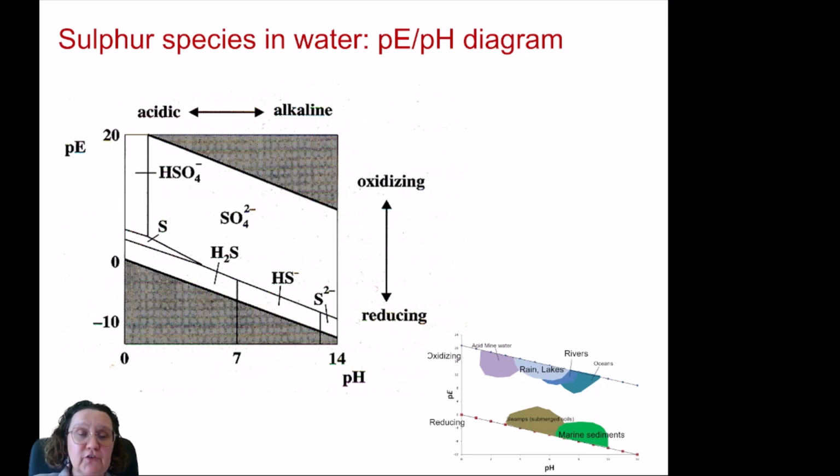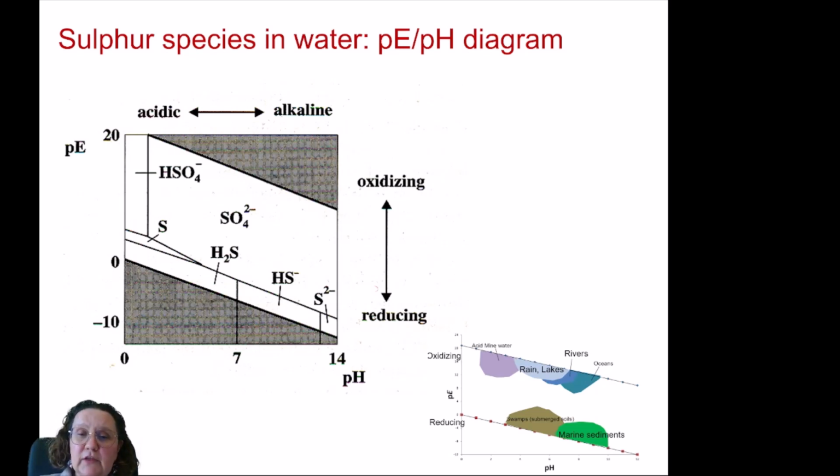So for example, I've got here the PE-pH diagram for sulfur species. And as you can see, at different pHs and whether in more reducing or more oxidizing conditions, you have different species of sulfur. So imagine that I think of, for example, what sort of species of sulfur would I find in a lake?